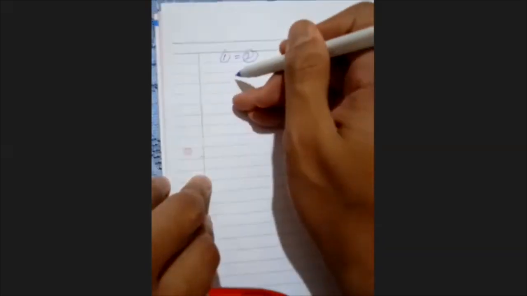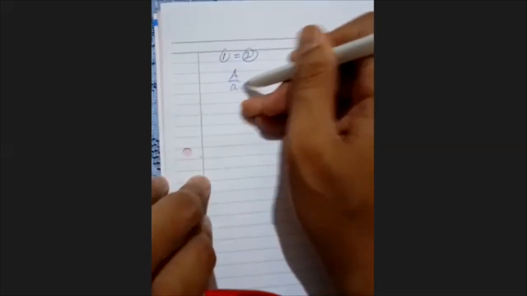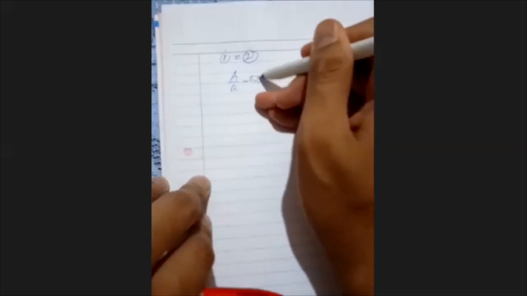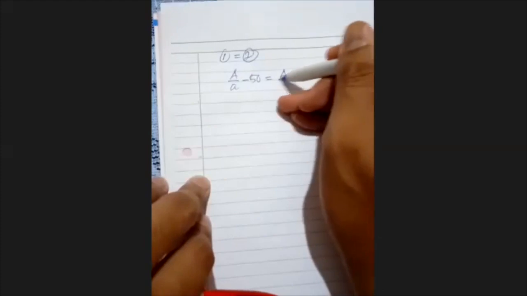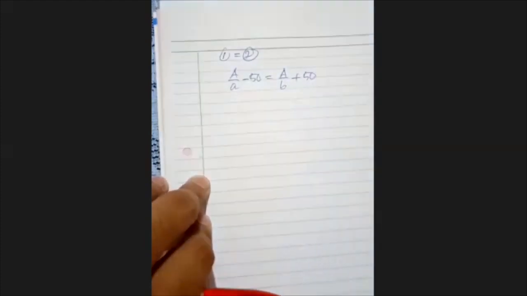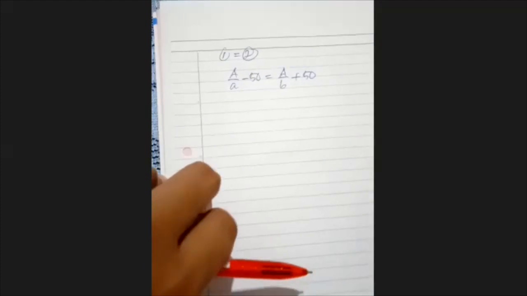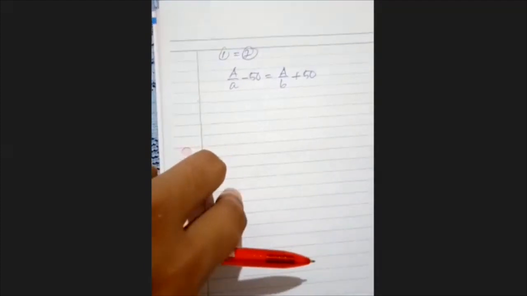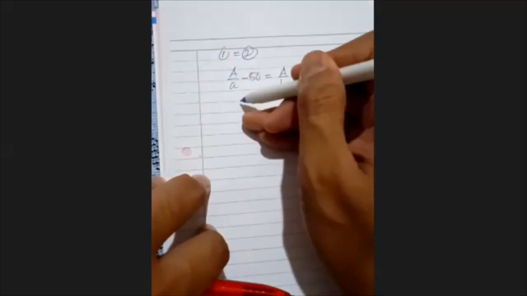Let's equal 1 to 2. So you can see that a over small a minus 50 is equal to a over b plus 50. Agree? So let's simplify the equations. So I have here the a.